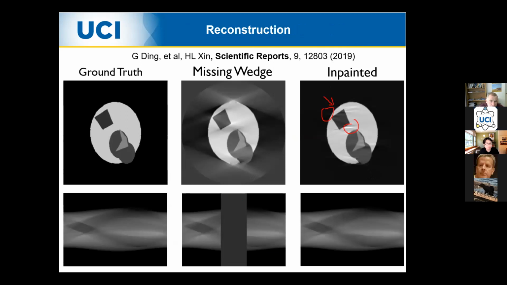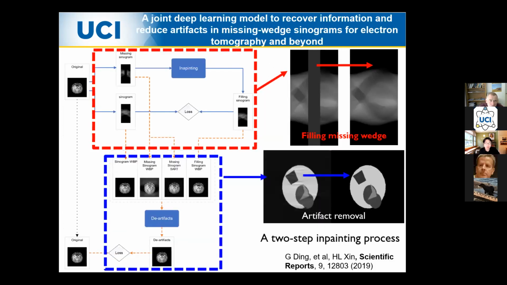But then we realized you can piggyback on the first network, the in-painting network, with a second one called artifact removal. You can still view it as an in-painting network. It does one more thing, which is to recognize where the artifacts are and in-paint the information there, right?